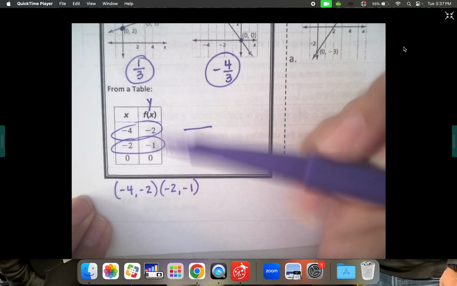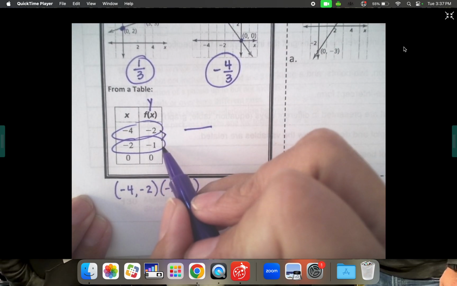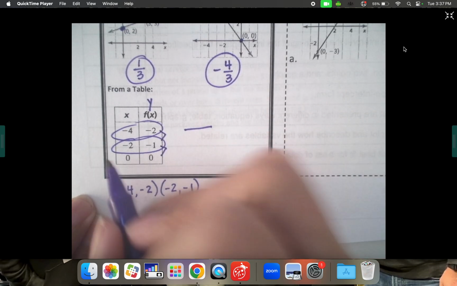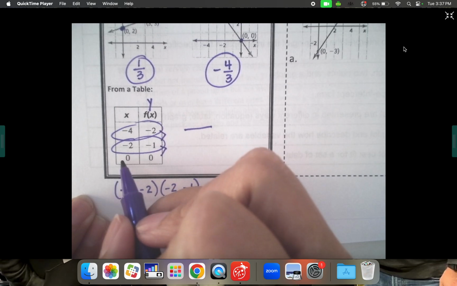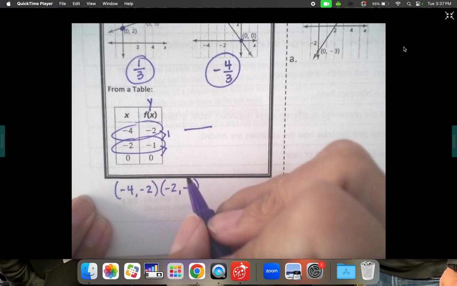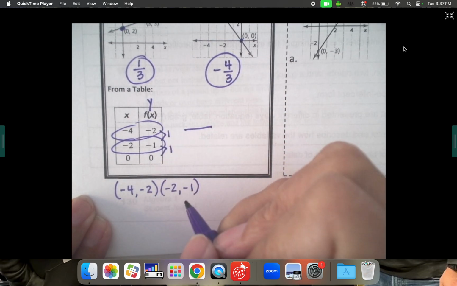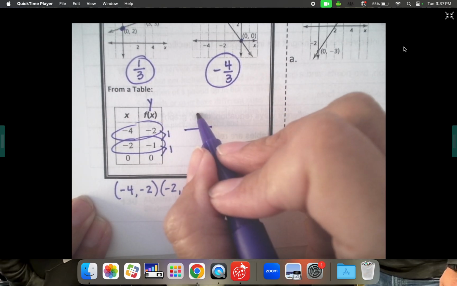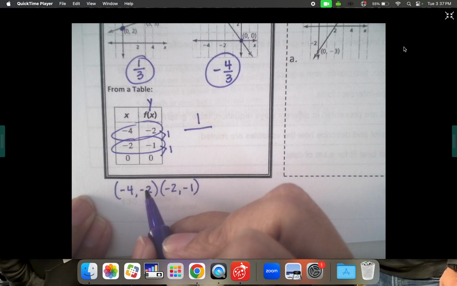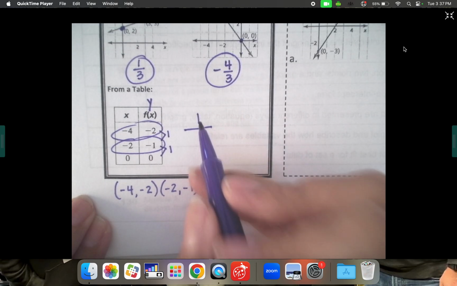If you have a table and you can just find what the table is doing, you can go ahead and put that number by itself on the top, and then find what the x's are doing and put that number on the bottom. So what are my y's doing? From -2 to -1, it's increasing by 1. -1 to 0, increasing by 1, so that's constant, so 1 is the change. And if I would have done -1 minus -2, guess what we would have gotten? 1.